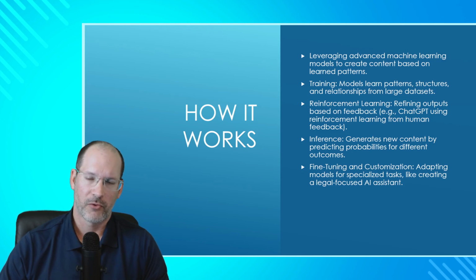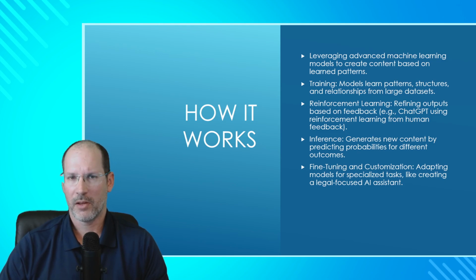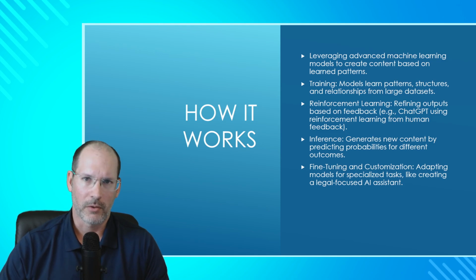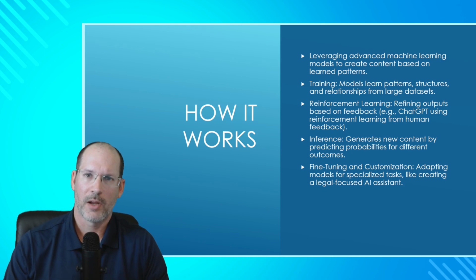Now, once they've been trained on these very large sets of data, they might also incorporate a reinforcement learning pattern. You might see that if you've tried out any of these tools so far, like ChatGPT, you see the little thumbs up or thumbs down icons next to the outputs it's providing.